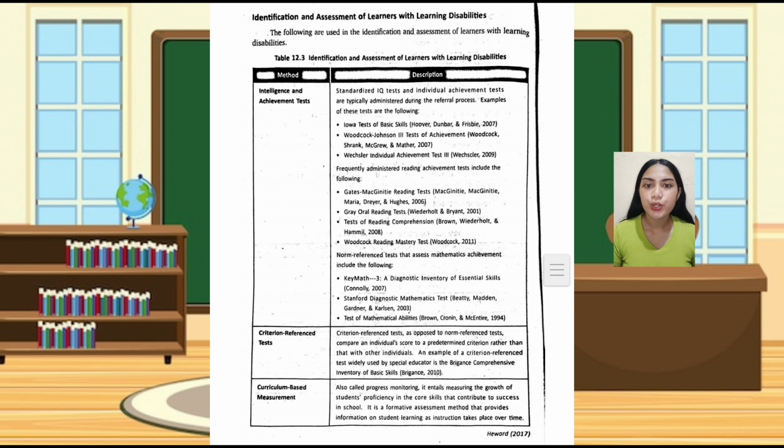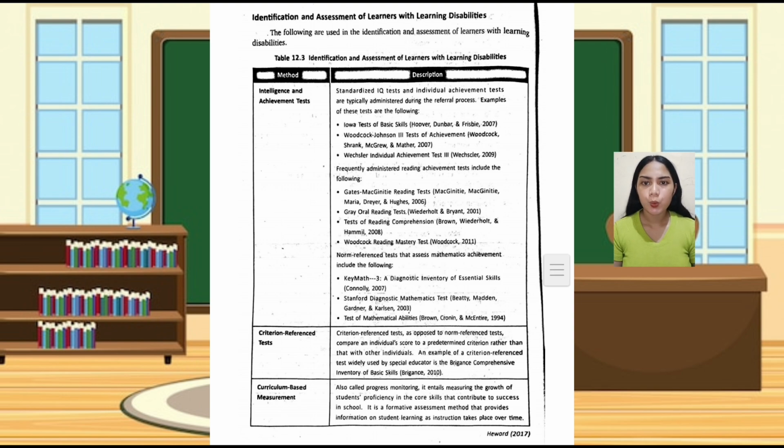Third is the curriculum-based measurement, or the CBM. CBM is an ongoing assessment method that tracks a student's progress in specific academic areas, such as reading, writing, or math. The purpose of this is to monitor progress over time and guide instruction.